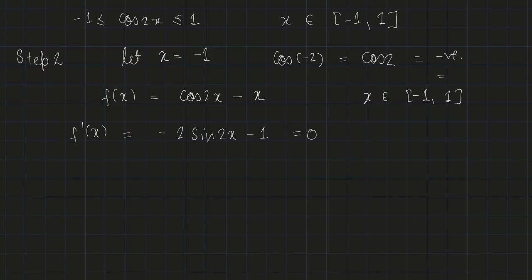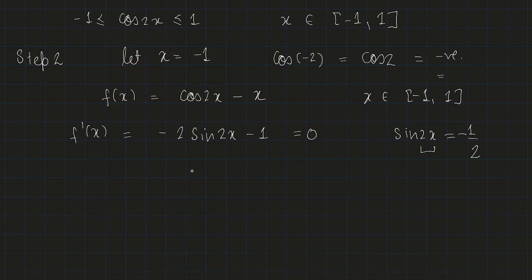I do, because that is going to be equal to zero when sine 2x is minus 1 over 2. So can I find a value of x in this domain such that sine of 2x is minus half?